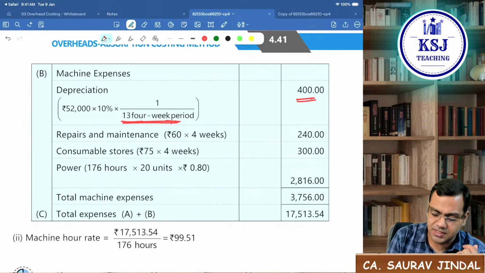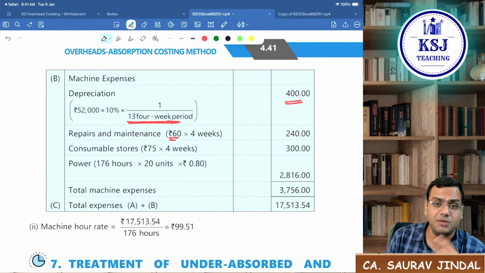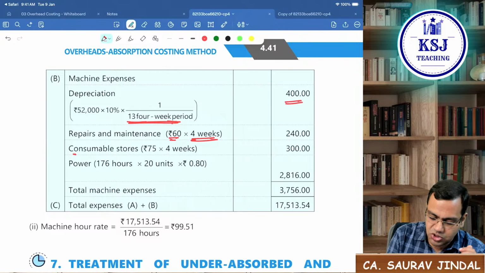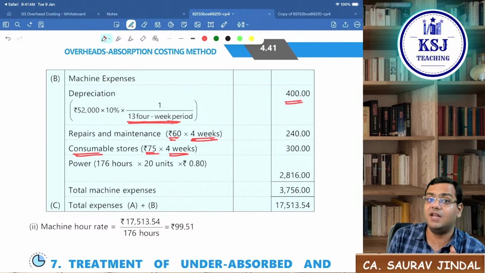Repairs and maintenance is directly given, rupees 60 per machine per week. So we wanted per machine, which is fine. Per week, we need it for 4 weeks, so we'll calculate for 4 weeks. Consumable stores is rupees 75 into 4 weeks because it is given 75 per machine per week. Per machine is fine, we need it per machine anyhow. So per week multiplied with 4 weeks.